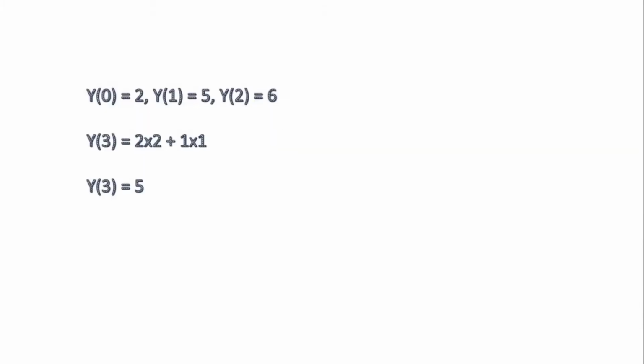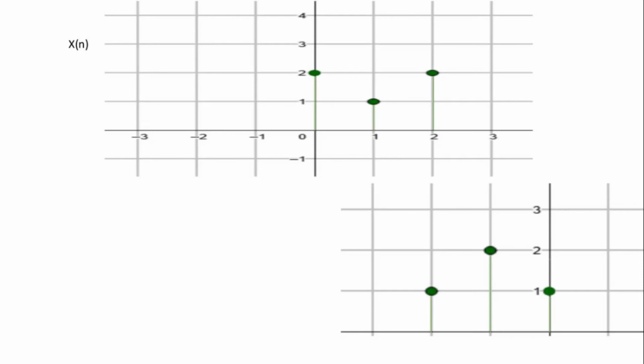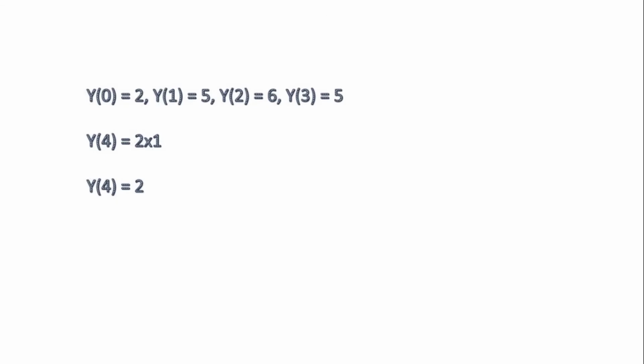For y[3], the overlap is 2 times 2 plus 1 times 1, so we get 5 for y[3]. Shift it again and multiply again. The overlap value for y[4] is 2 times 1, so we get 2 for y[4].